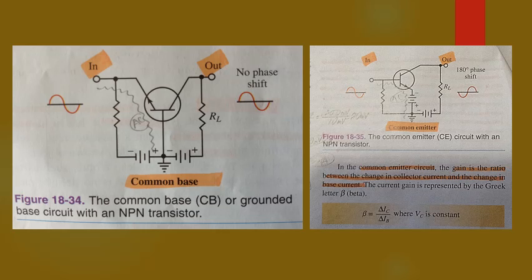Delta IC equals the change in collector current, and delta IB equals the change in base current. VC, or collector voltage, is held constant. Note: in transistor circuits, voltage is represented by the capital V instead of E as used elsewhere.